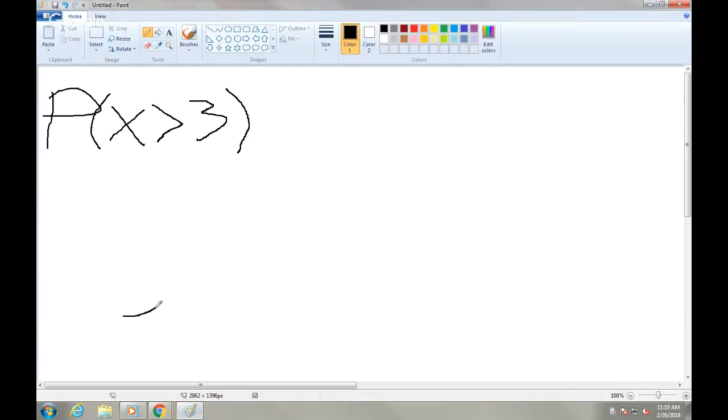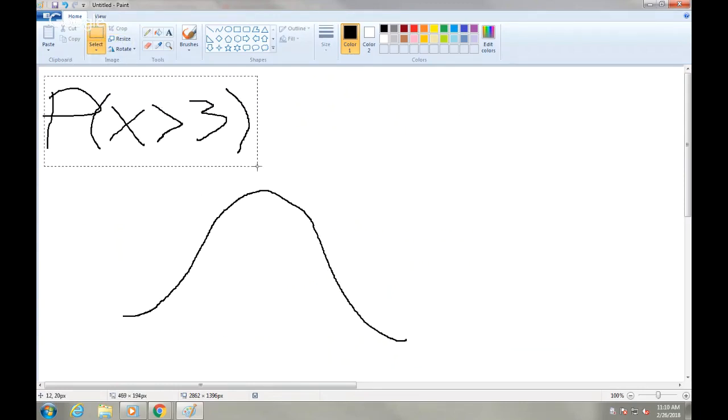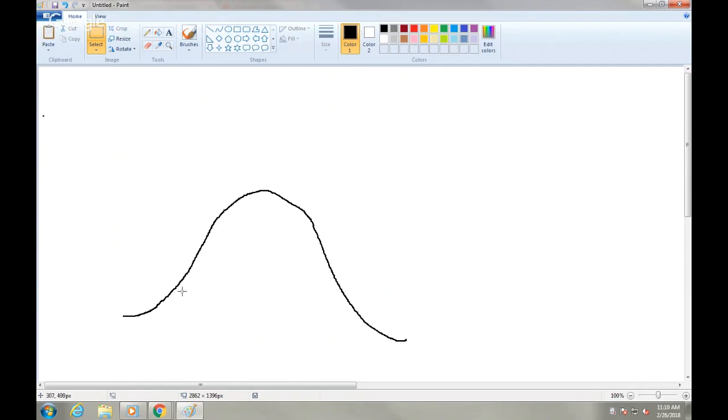So first of all, I'm going to get rid of this so it doesn't confuse us here. So I've got a normal distribution. I've not been told where its mean or standard deviation is. But I've got this value somewhere along this axis.